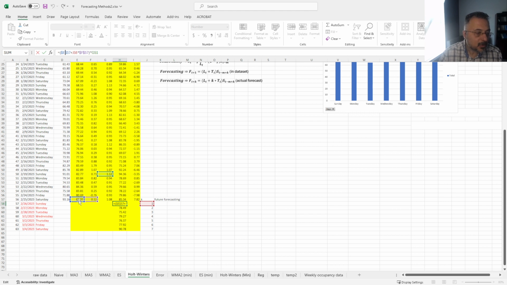For example, what it says here is level at time t. We are calculating here. We got the level at time t, then plus K times, which is the K here, times trend. Times, after the closing parentheses, we look at G51. Once again, similarly to before, we are looking at the Sunday seasonality.